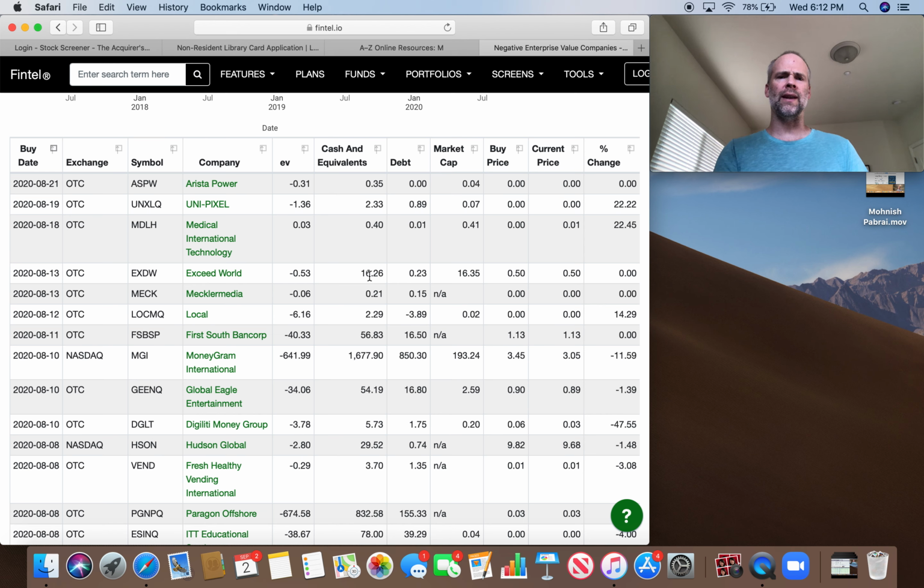So I'm curious where Fintel is pulling its data from, but I love that it's free. Probably what I'm going to do, if I decide to rely more on this service, Fintel, is compare some of these numbers like enterprise value, debt, and market cap to some of the data provided by Morningstar and ValueLine, services that tend to be more trustworthy.